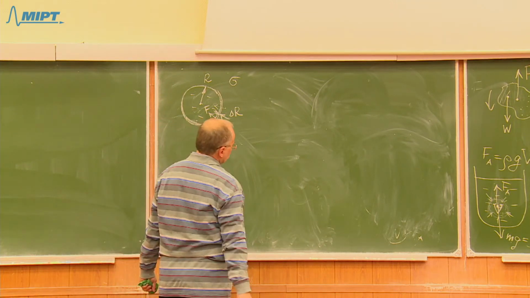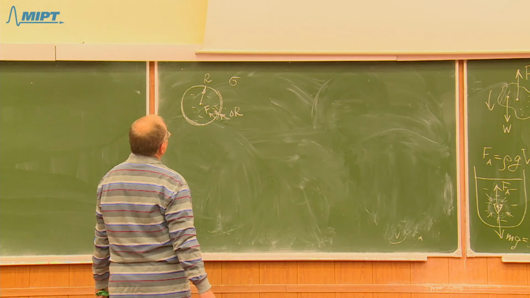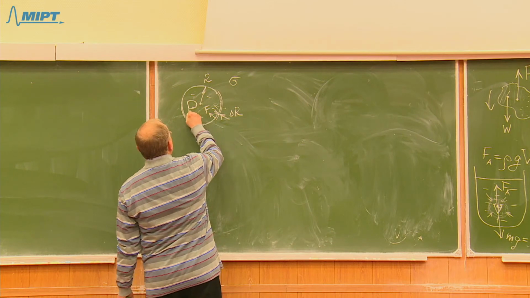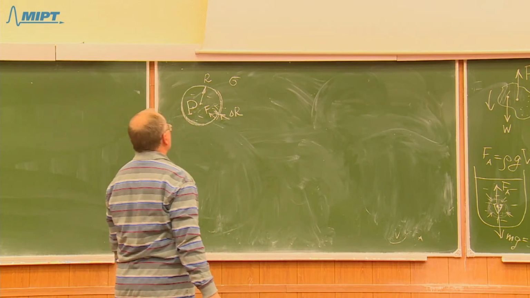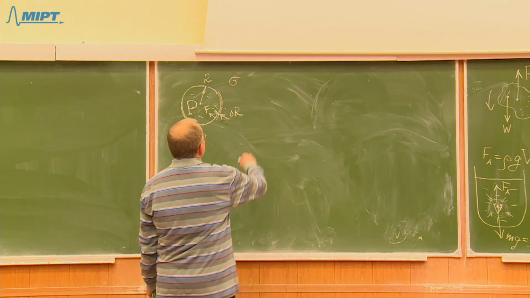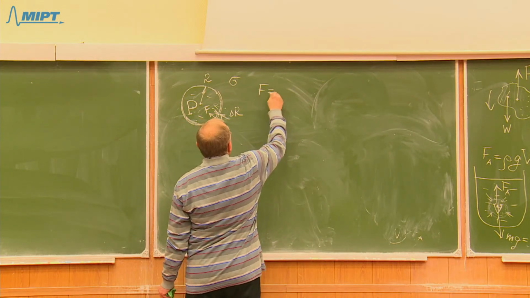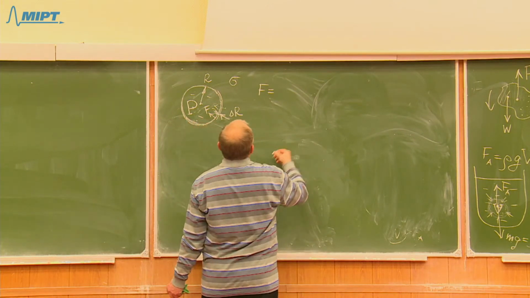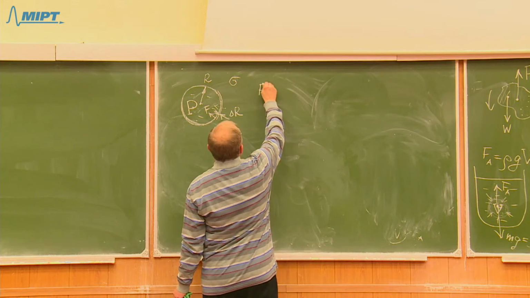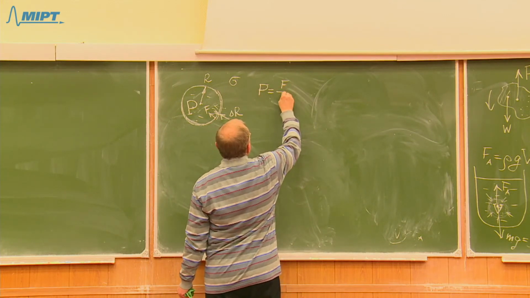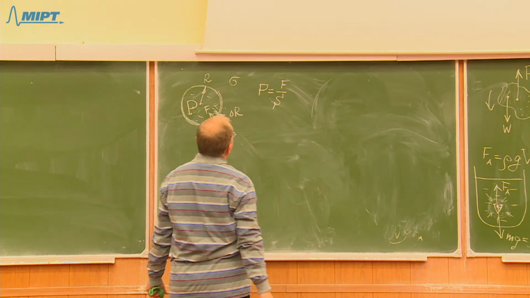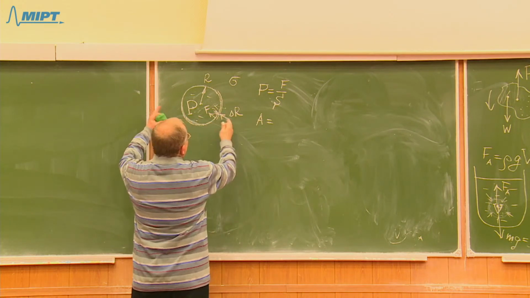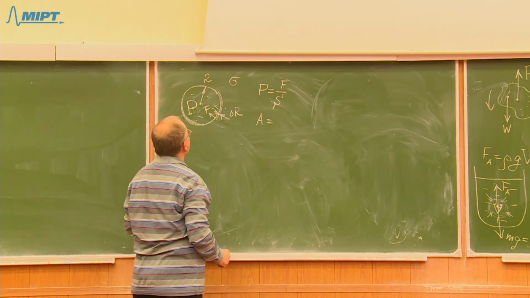So if there is some pressure inside this droplet, then the force acting on a unit area will be just pressure, because pressure is the force acting on a unit area, and I will have to perform work in order to increase the radius of this droplet by a very small amount.